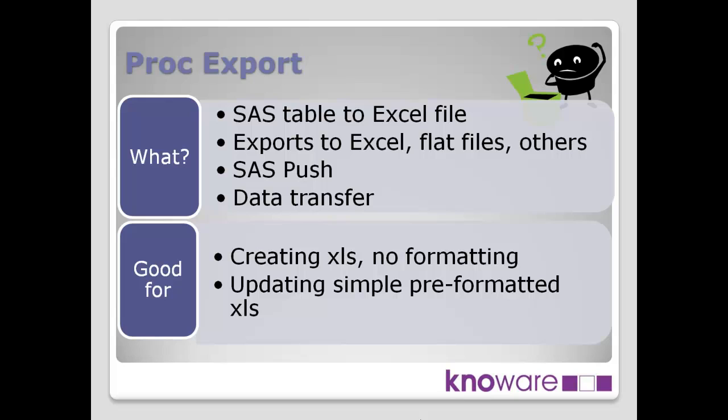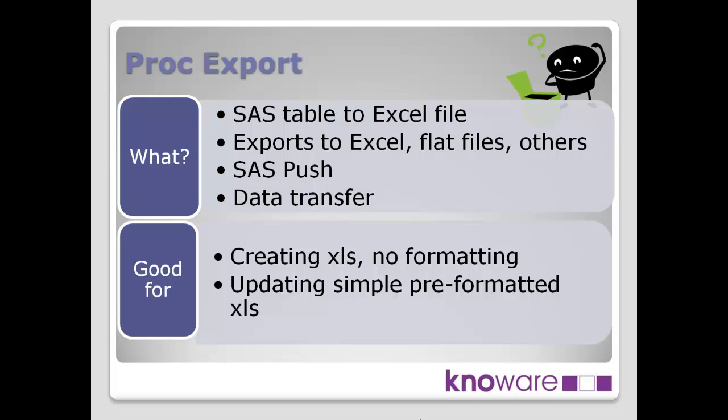What type of technique is it? It's a SAS push, so SAS is controlling the interface. You're running SAS code, and that generates the file that goes across and is picked up by Excel. It's data that's being transferred, that is, a SAS table, as opposed to procedure output. So it's purely the data.